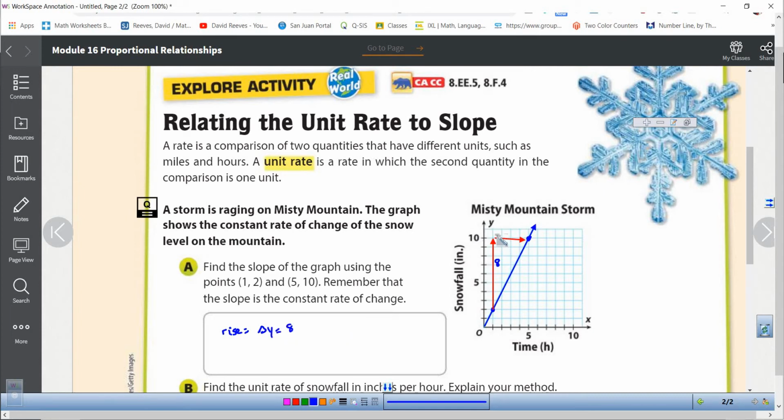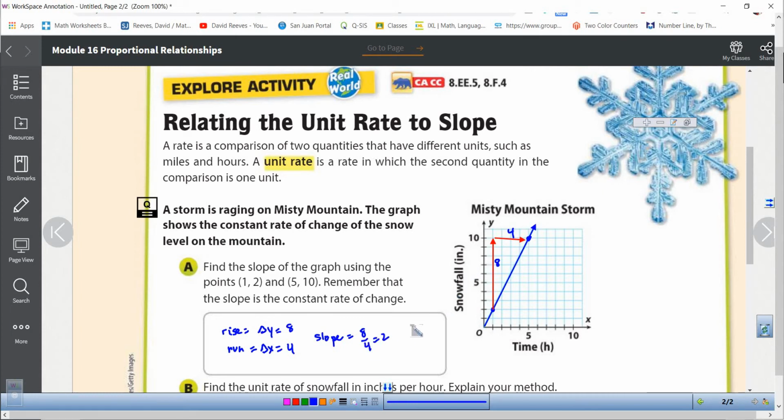All right, and our run is 1, 2, 3, 4. Our run, which is our change in x, is equal to 4. So our slope, which is rise over run, is going to be 8 over 4, which is 2.